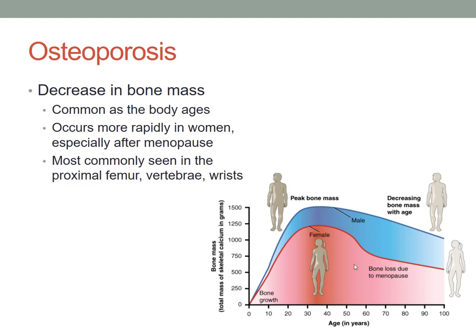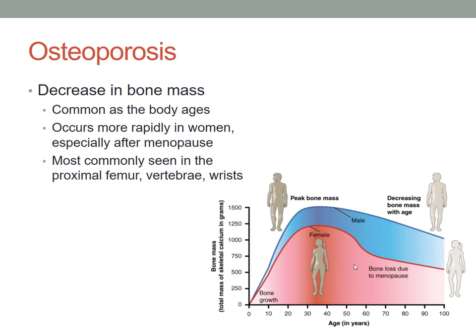More often than not, they have likely been just walking through their house or apartment, and because of osteoporosis, the head of the femur fractures at the neck, and then they fall.